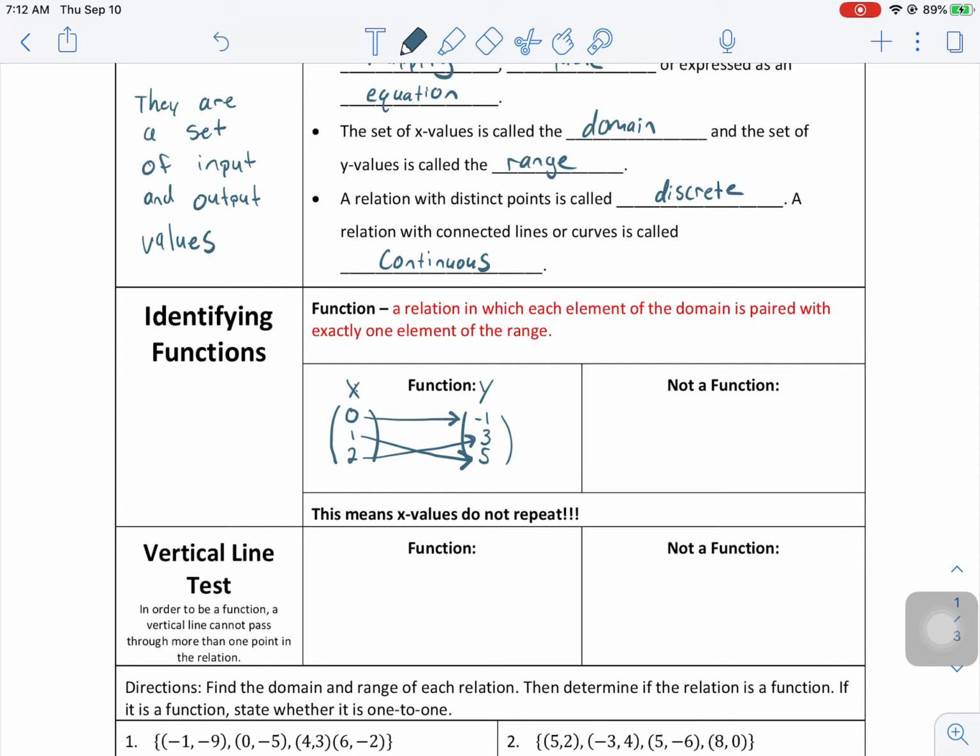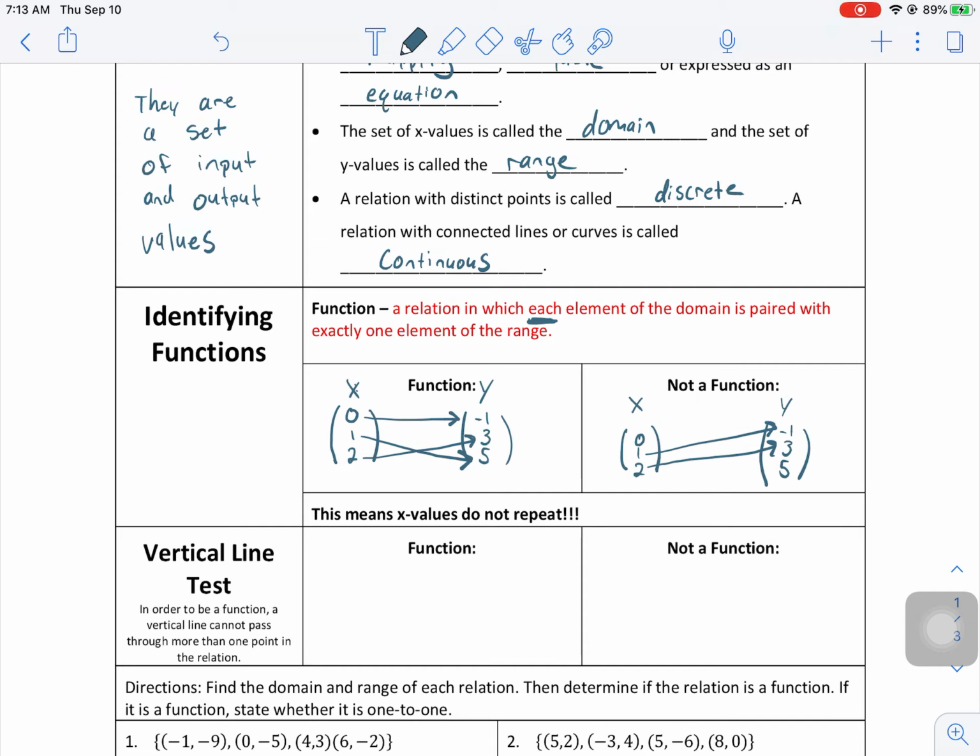Something that would not be a function, so let's use the same values, 0, 1, and 2, and for our y's, -1, 3, and 5. It says each, so if not all of the x's get used, that wouldn't be a function, right? So let's say 1 goes to -1, 0 goes to nothing, and 2 goes to 3.